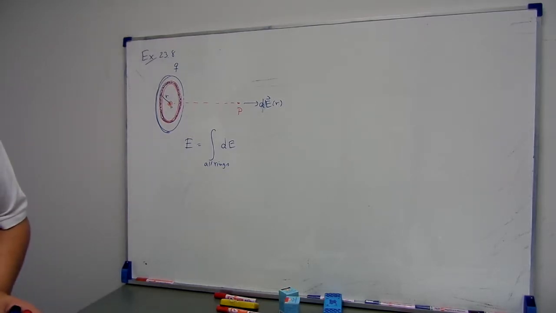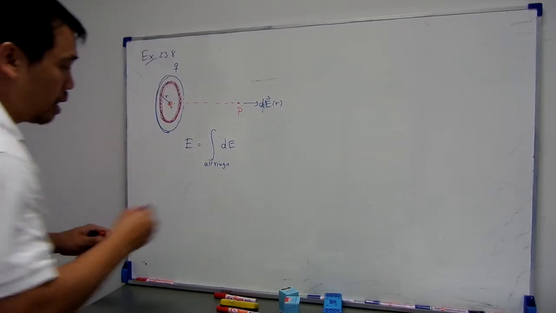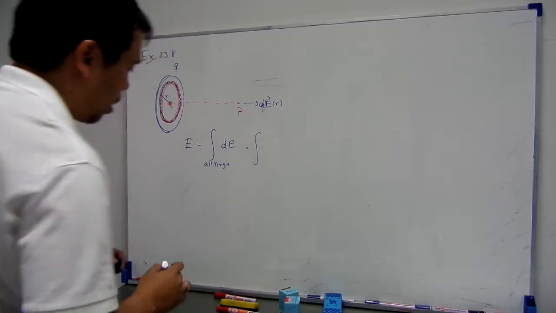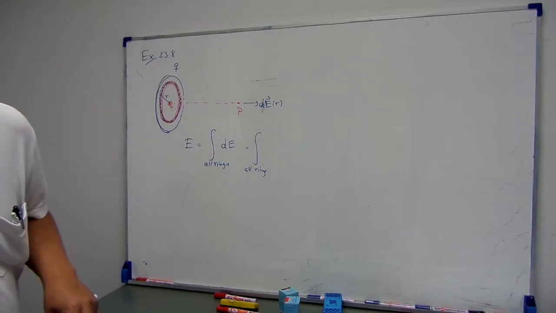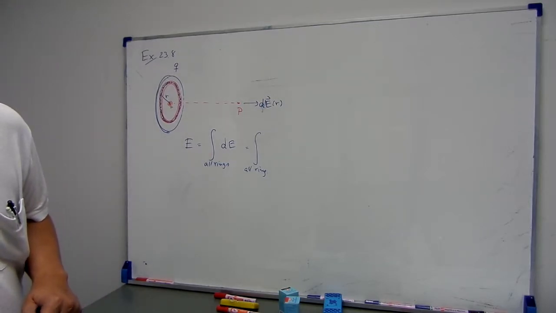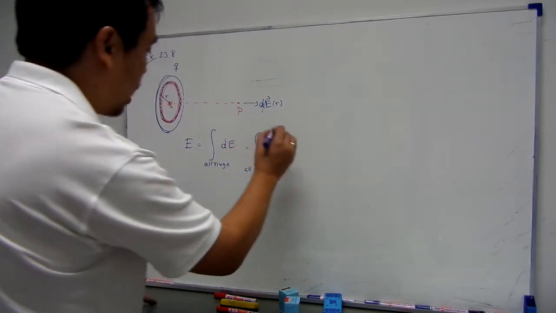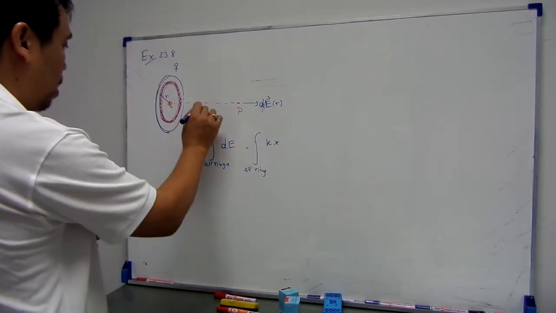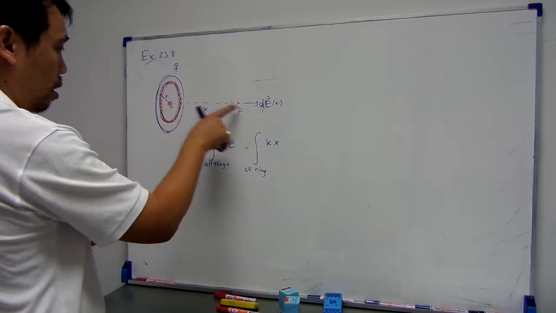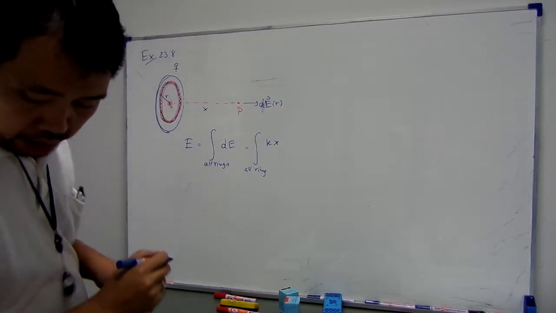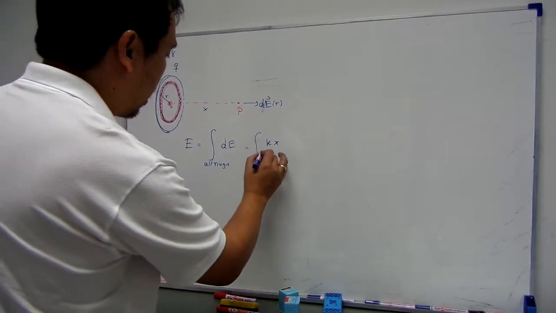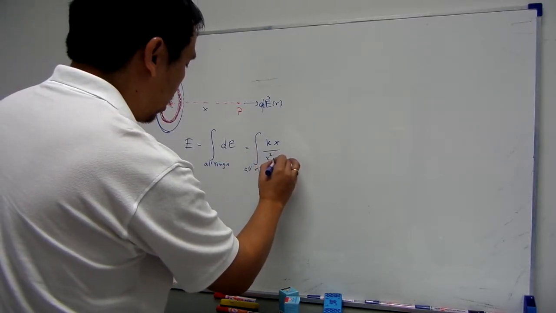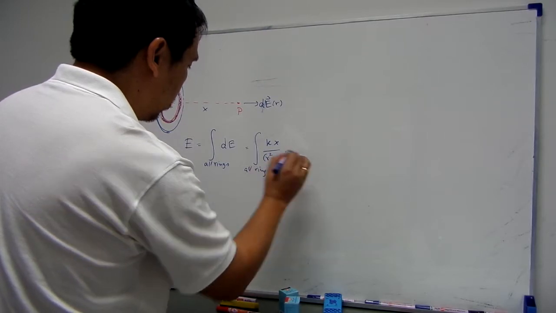From the previous example, dE is equal to kx times dQ, where x is the distance from the center of the disk to point P, divided by r squared plus x squared to the power of 3 over 2.